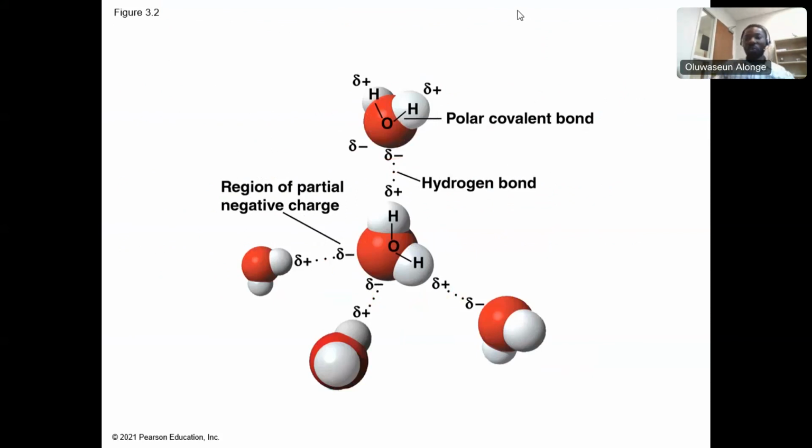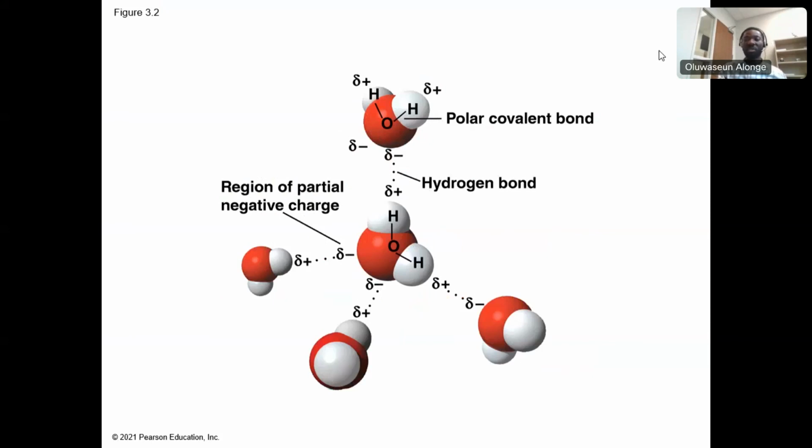So between the oxygen and the hydrogen that makes a water molecule is a polar covalent bond. But between two different water molecules is what we call a hydrogen bond. So a hydrogen bond is what connects two water molecules together.